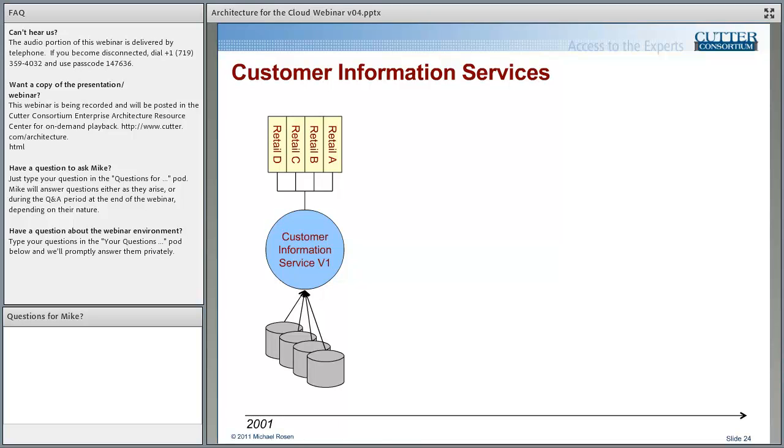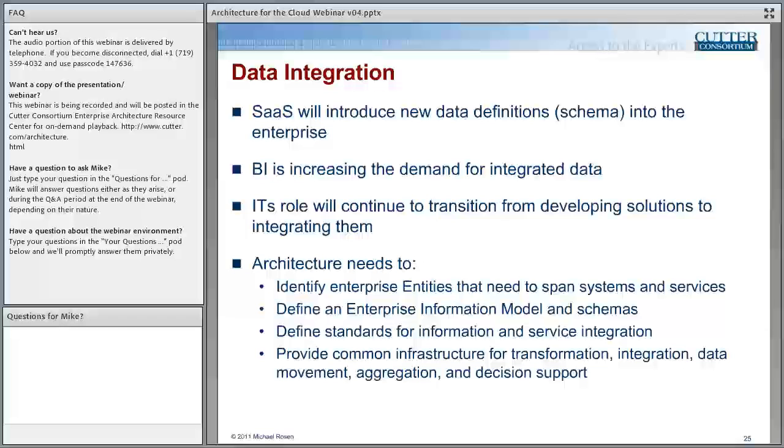So again, I think this integration of semantic information is going to be one of the biggest issues that the cloud presents to architecture, and enterprise architecture in particular. Software as a service is going to introduce new data definitions into the enterprise.